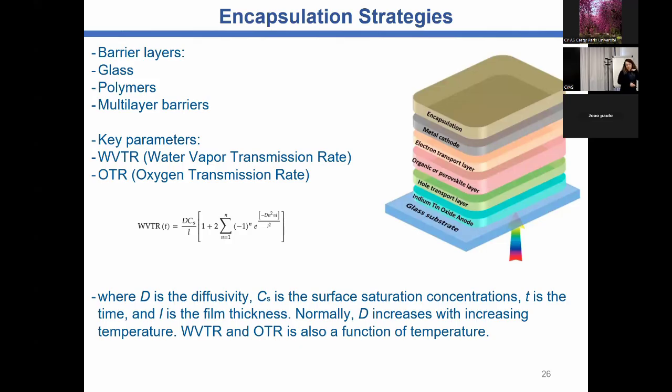that one of the characteristics is the WVTR, which is the water vapor transmission rate, and the OTR, which is the oxygen transmission rate. The WVTR can be related with this equation, where the water intake and diffusion inside the membrane are related with these parameters.